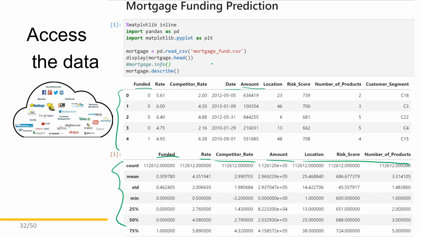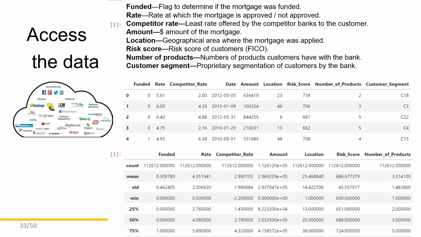So you need to make sure that you go and try to get access to the background of the data and the details of the different variables. What do they mean? Usually you get access to this by talking to the business and the data owner. What does flag mean? Sorry, what does funded mean? What does the rate mean?